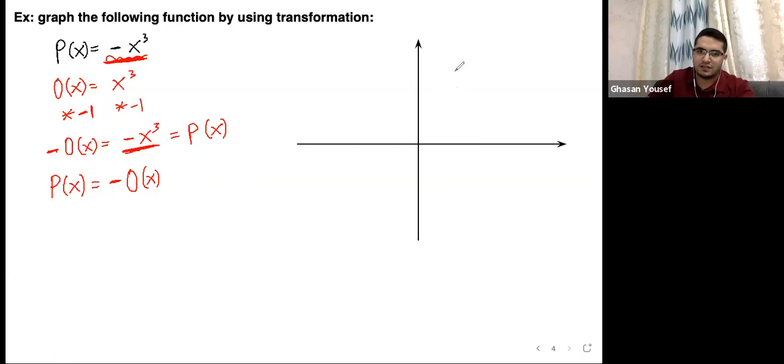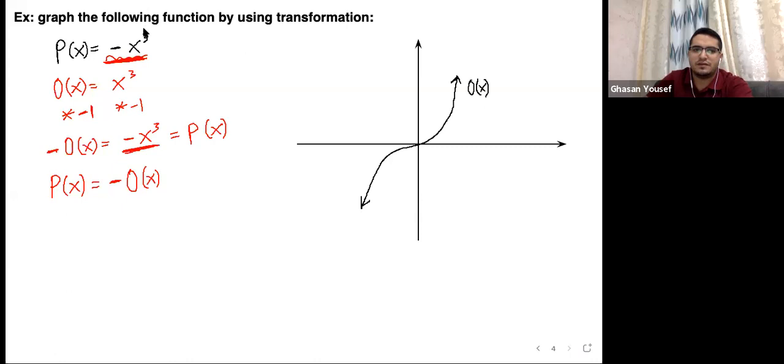So here's the original function. This is x cubed. This is my original function, O of x. Now, second step, we have to multiply by minus. This means we have to reflect it around the x-axis.